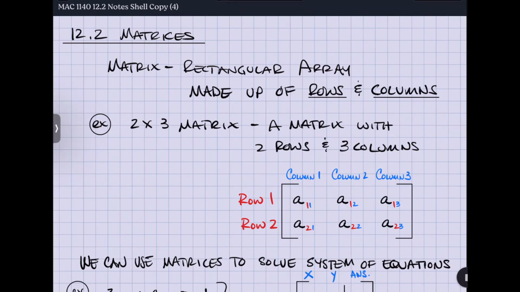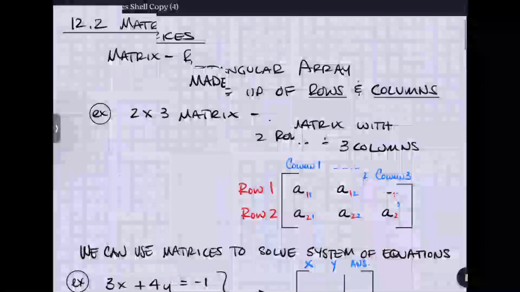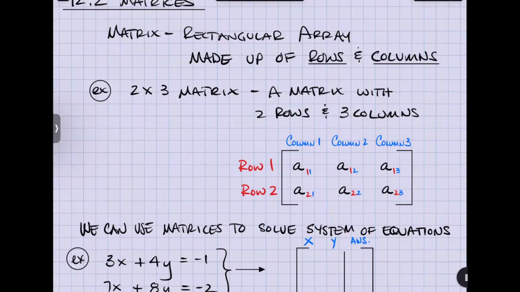So a 2 by 3 matrix, the first number is the rows, second number is going to be your columns. So it's row by column. So it's 2 rows and 3 columns. So 2 rows and 3 columns will look like this. I'll give you guys some time. There's a lot to write and try to remember at the same time.